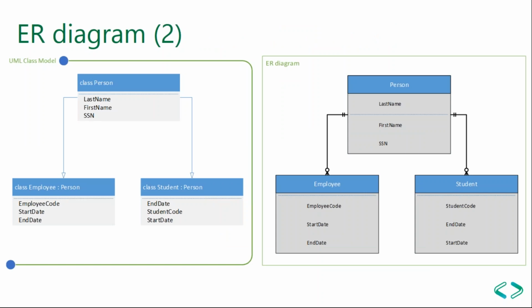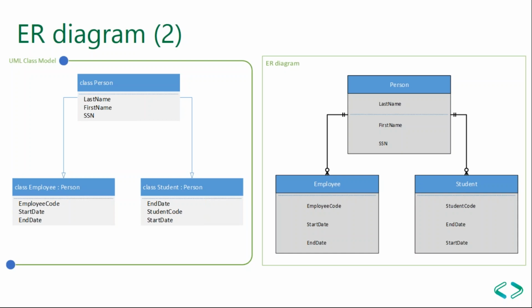Okay, some people can draw a UML class diagram to show the relationships between the entities. For example, for a university, we have employee and we have student. So we can imagine that they have a base class like person.